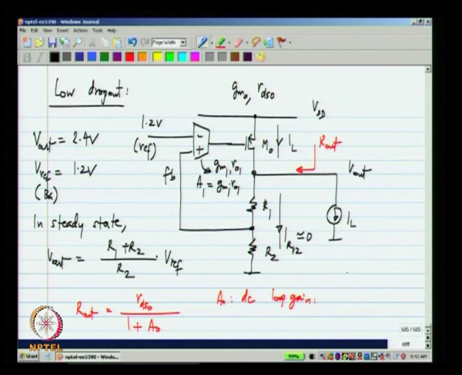And we have assumed R1 and R2 to be very large. So, the loop gain is the gain of this transconductor times the gain from this point to that point. And the gain from here to there is simply GM 0 times RDS 0.